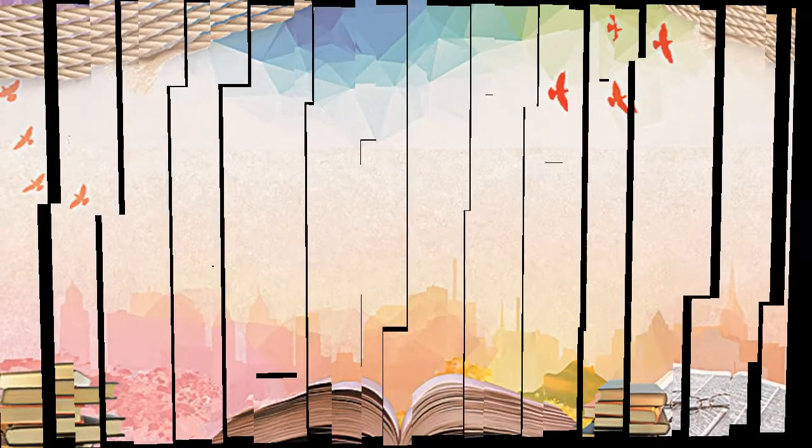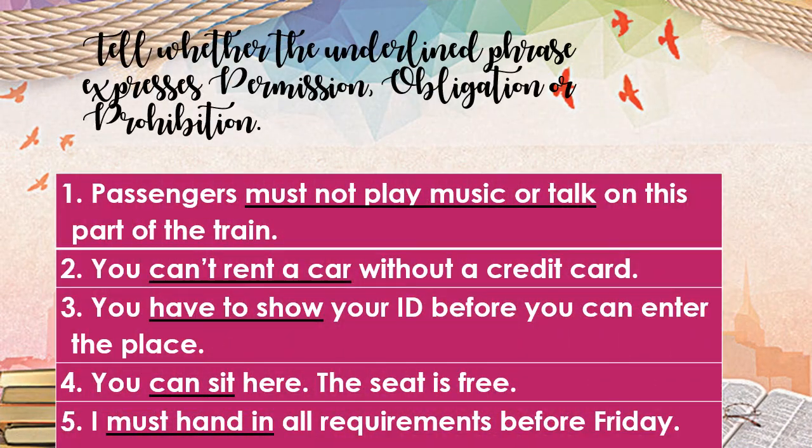Let us try answering this. Tell whether the underlined phrase expresses permission, obligation, or prohibition. Number 1. Passengers must not play music or talk on this part of the train. Write your answer.